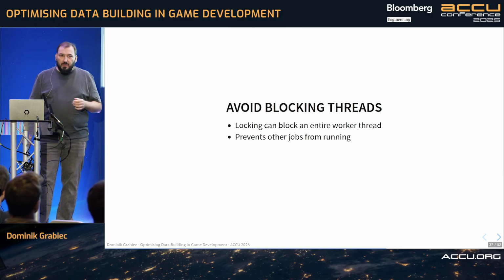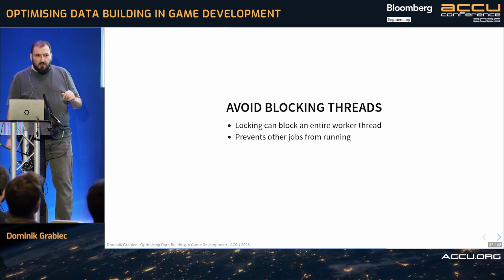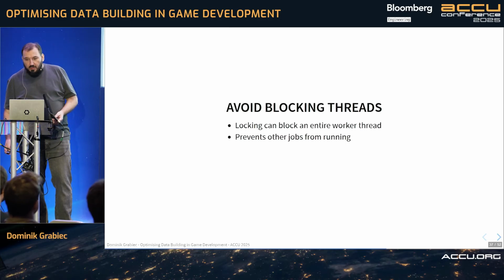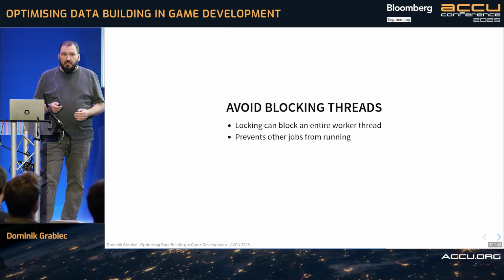Best case, you won't have any contention and it can run through with no issue. But the worst case is that this job is part of a job that will have to be run on many threads because there are many things to process. So you end up effectively locking the entire machine. All the worker threads end up getting blocked on some mutex or some read operation or something like that.